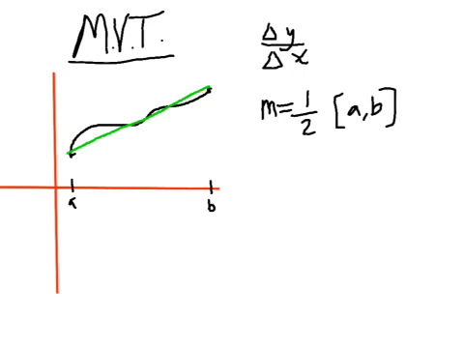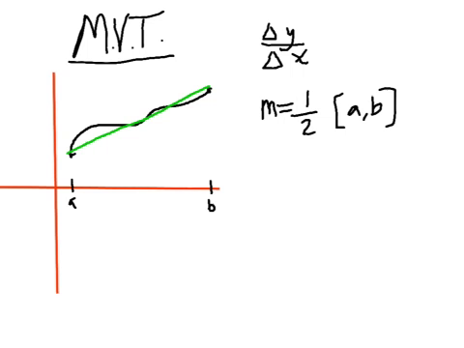Here's the next step. Now, when we look from A to B, we pick our point C, like I said earlier, and at any point C, the instantaneous velocity on the original function must equal the average slope of the entire function.